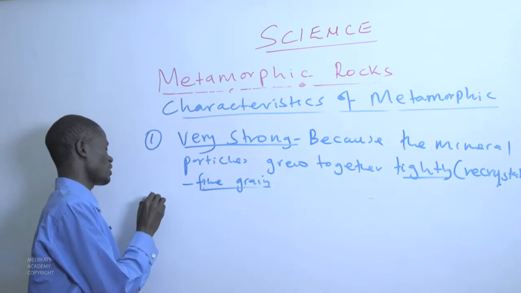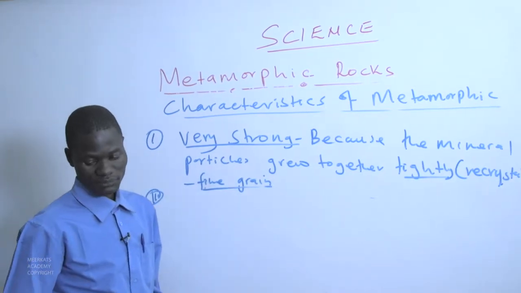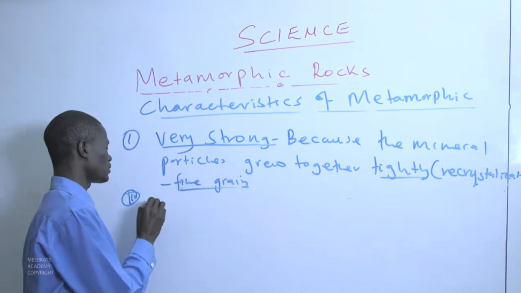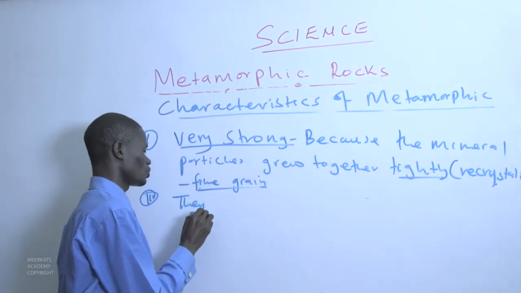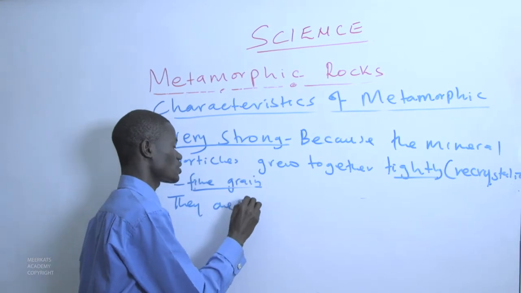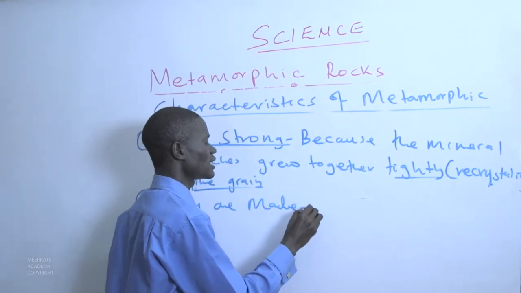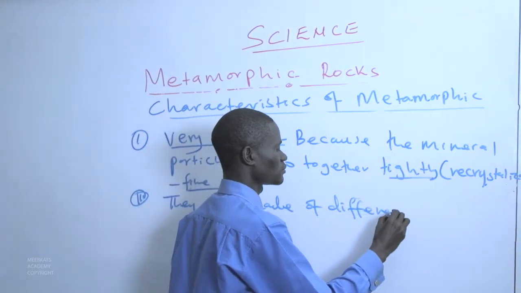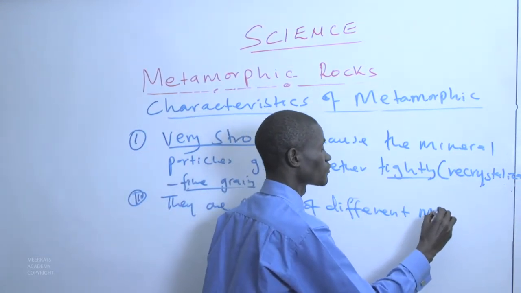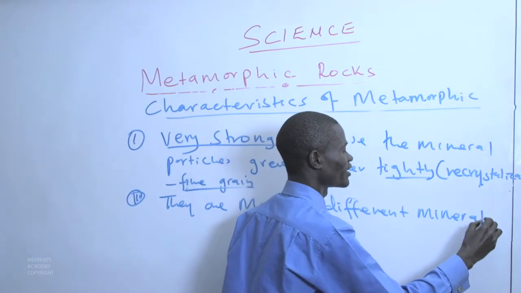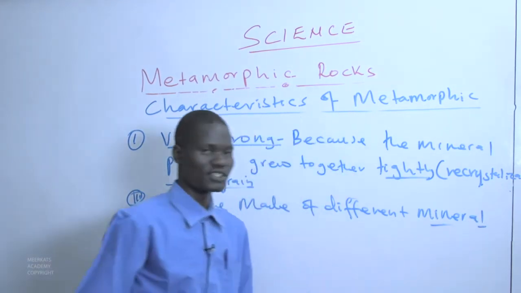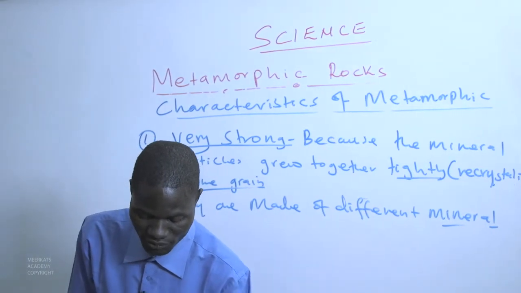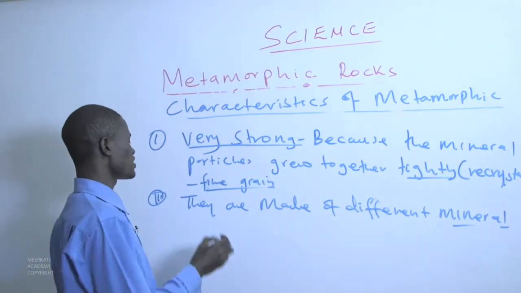Characteristic number 2, they are made of different minerals. These rocks are made of different minerals, or you can also say mineralogy. They are made of different kinds of minerals than other kinds of rocks.